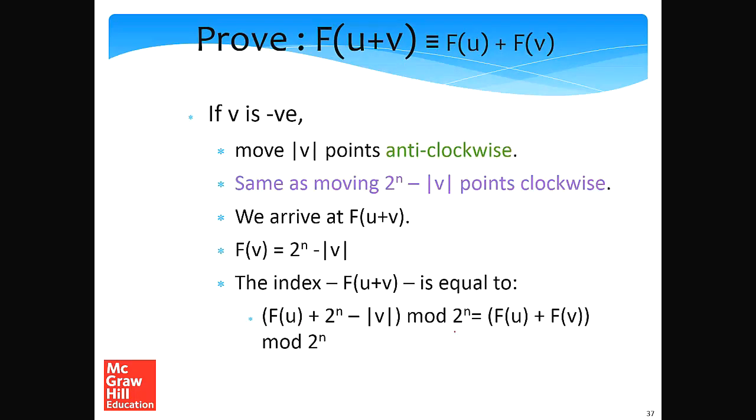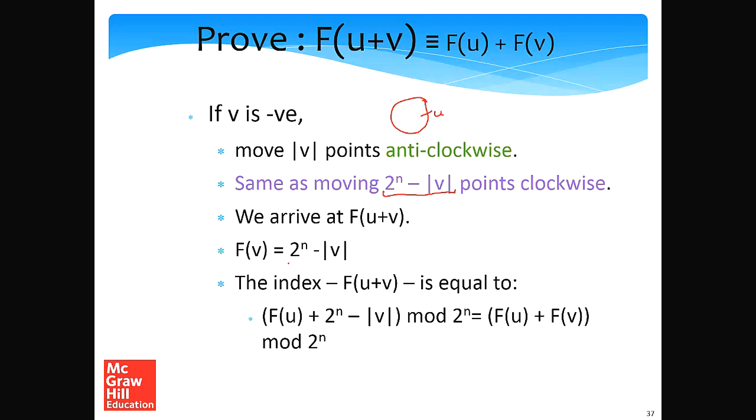Now let's consider v to be negative. If we consider v to be negative, what do we need to do? We need to start at the point u on the number circle with representation fu, and we need to move modulus of v points anti-clockwise. This is the same as moving 2 to the power n minus mod v points clockwise. So we will then arrive at fu plus v.